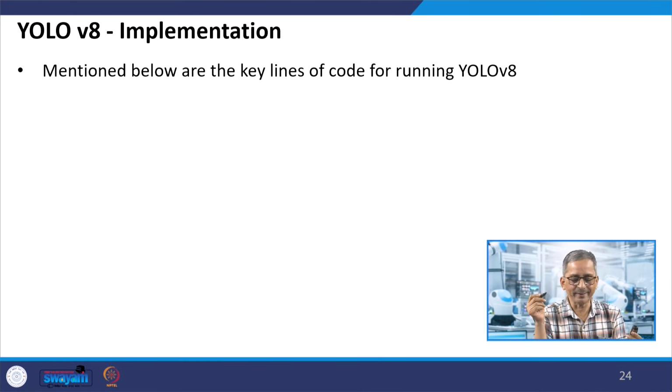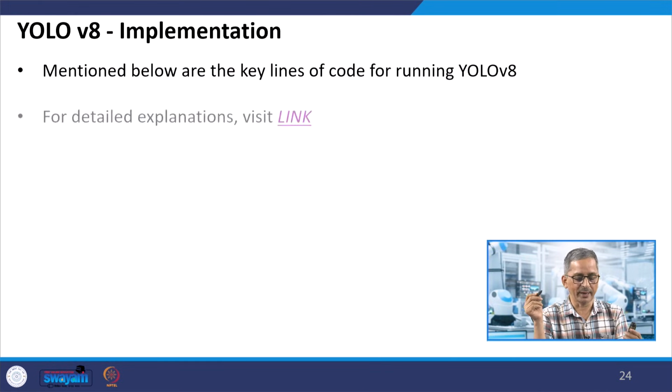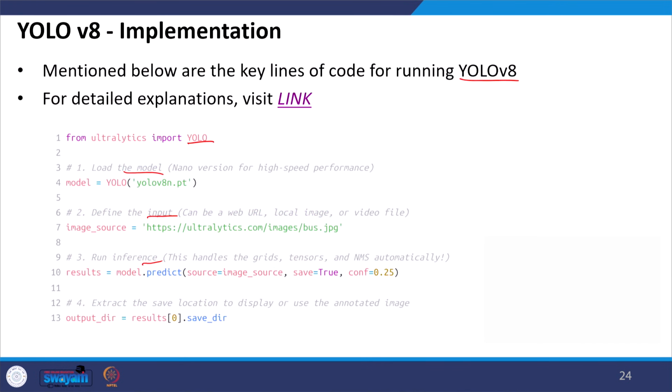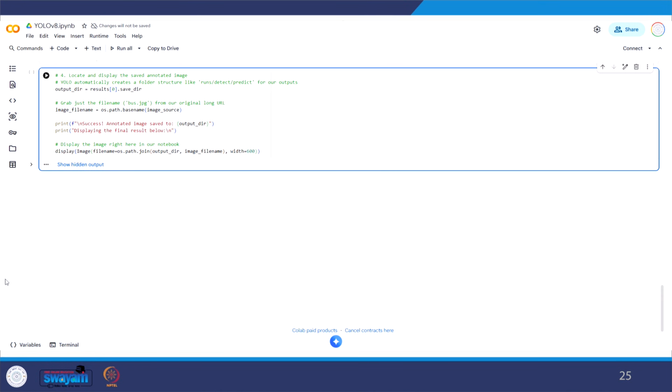If we look at the implementation, here are the key lines from YOLOv8. We import YOLO, then we load the model, define the input, and then run the inference. I have provided a link over here, so we can just check this link.